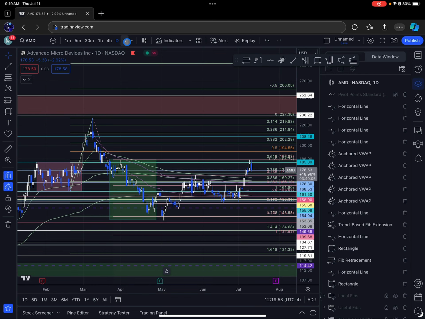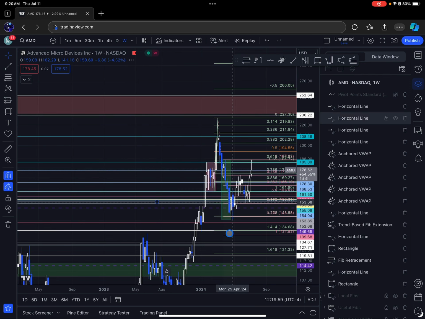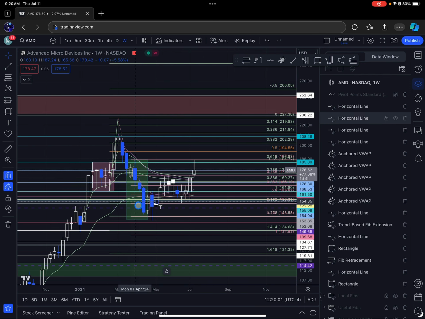I just tweeted this out, saying be careful with AMD, because this green is a measured move, so this high to this low. Like the ABC, it's the same thing we're looking for on the video on the smaller time frame. You want the correction to be over and then signify we're going to continue and take out this high.